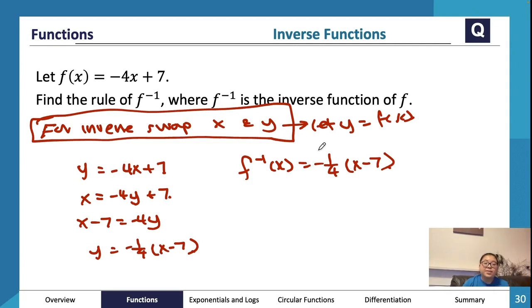Another thing I wanted to talk about briefly before we jump into the next section: this type of question often comes up as graphical questions, especially multiple choice, where they give you a picture without telling you the function and ask which picture represents the inverse. The most important thing is, if they give you a graph, literally draw a line on the paper and reflect it across that line.